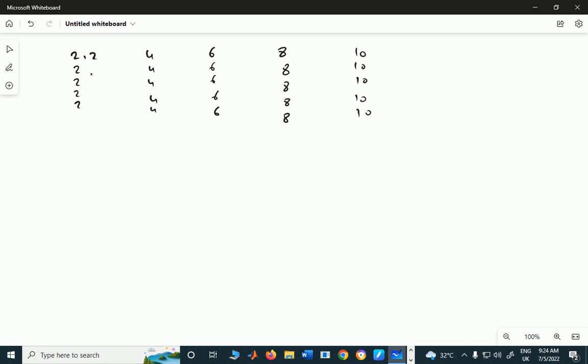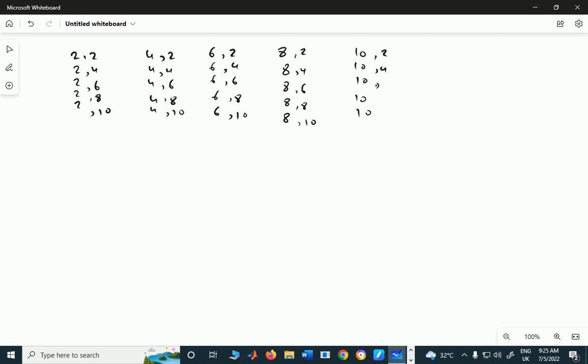In the second round, we have to write each and every value only once. So, 2, 4, 6, 8, and 10. Similarly, 2, 4, 6, 8, 10. You have to complete this cycle.